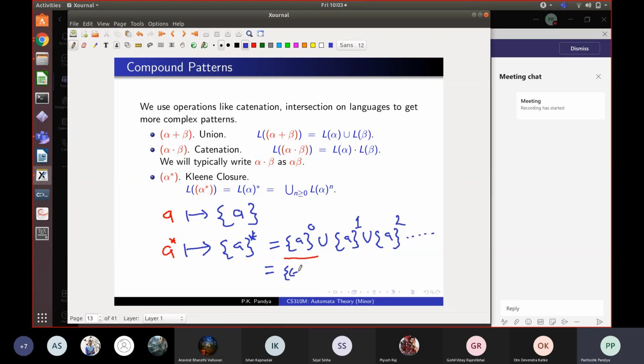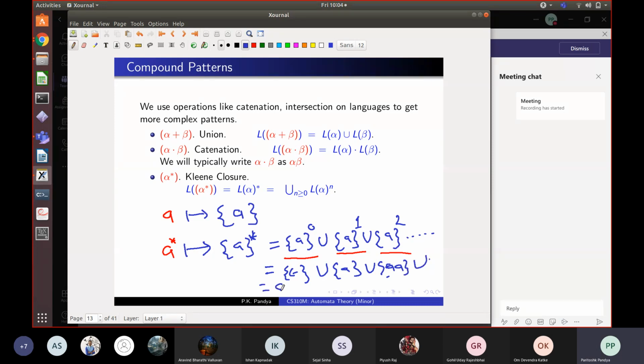Yes. So this will give us epsilon union. What will the second one give us? A. Sorry, I should write it. This will contain the string A. What about this third term? AA. Right. So union AA, and it will go on like this.